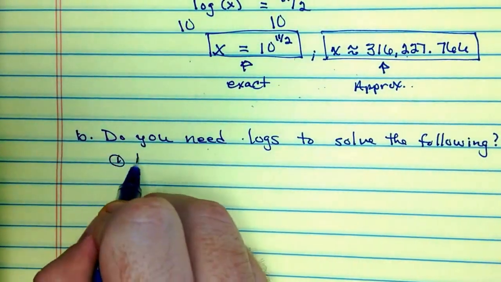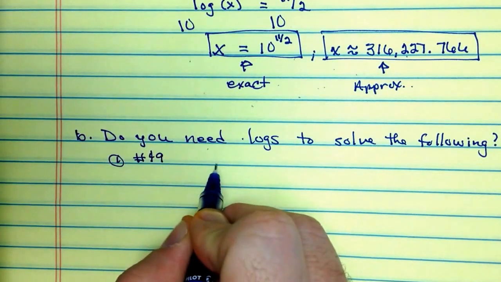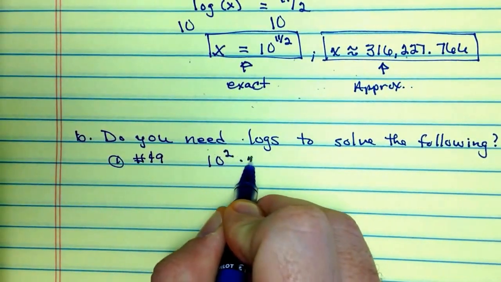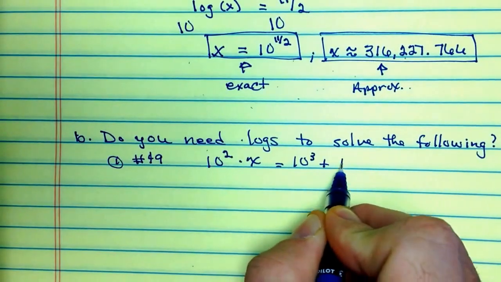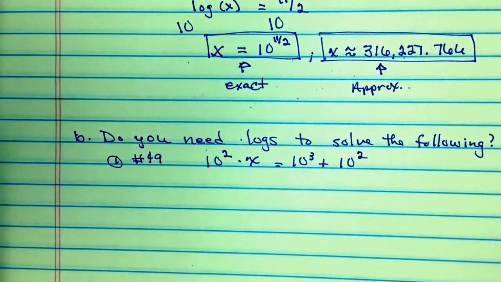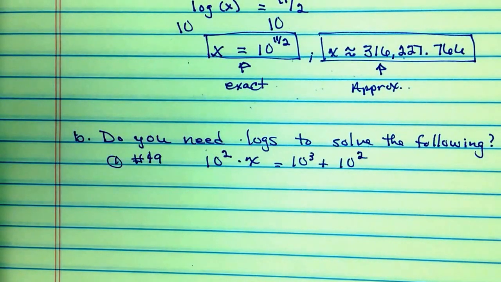First, number 49: 10 squared times x equals 10 cubed plus 10 squared. Remember, you need logs when you're solving exponential equations. So the real question is, is this an exponential? And the answer is no.